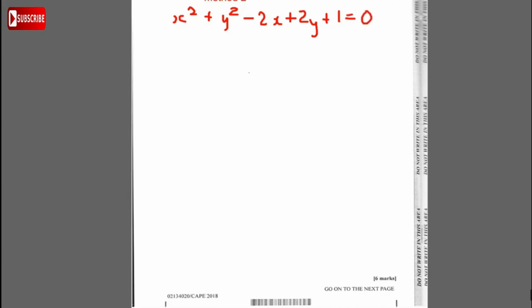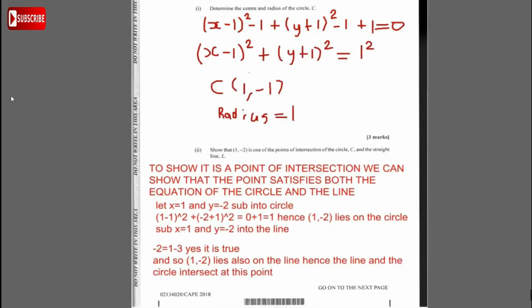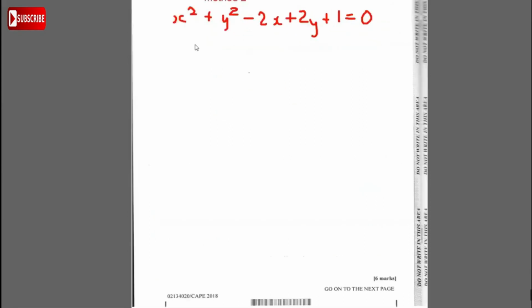Let's check back. Yep, we wrote it correctly. And y is equal to x - 3. So you substitute y equal x - 3 in here.